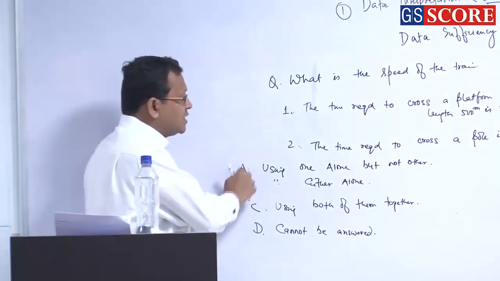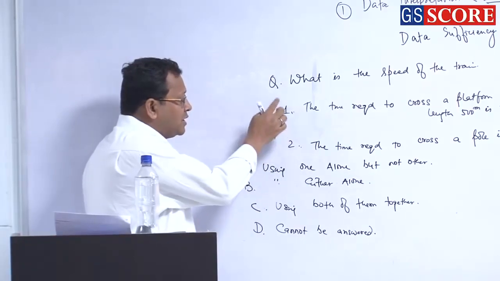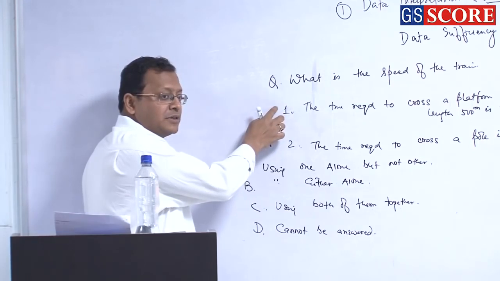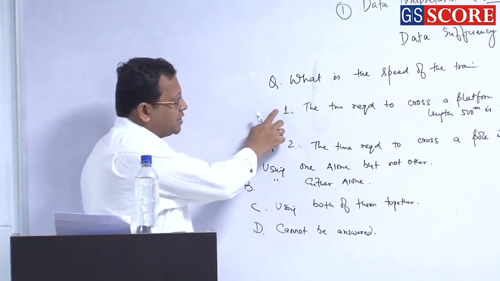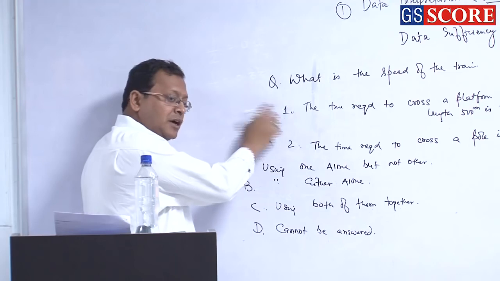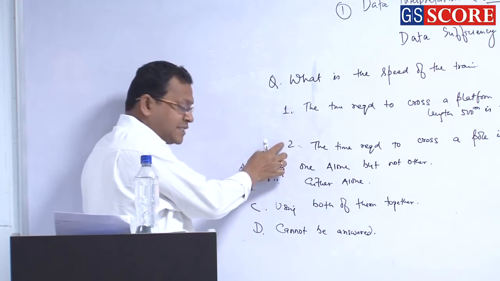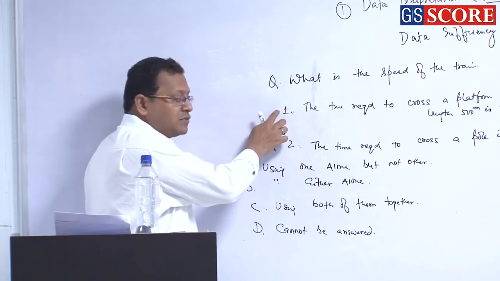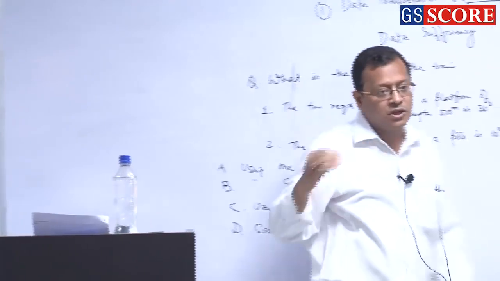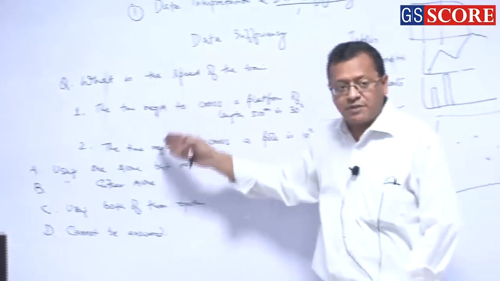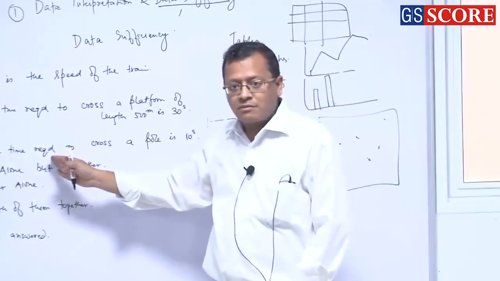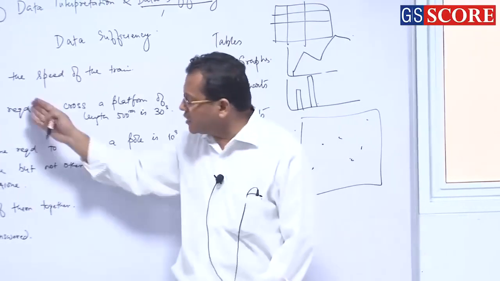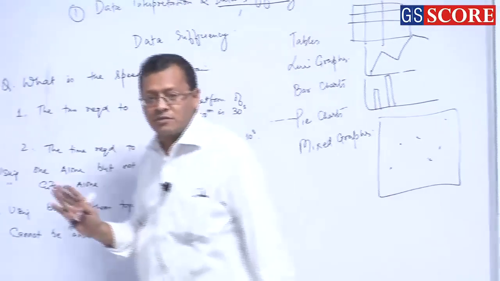B, question can be answered using this statement alone, and this statement alone as well, which means we are getting answers to the questions using both these statements. Whether the answers are same or different, that I don't care. C means combining it, D means cannot be answered.